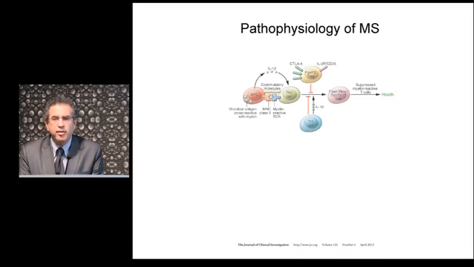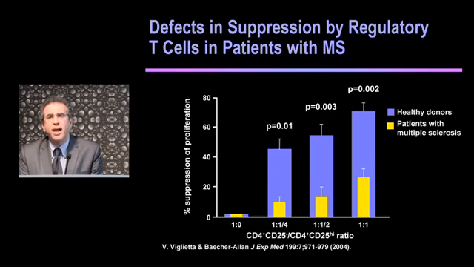In normal individuals, there are regulatory T cells and another type of regulatory T cell called the TR1 cell, which suppress these T cells from causing damage. Whereas in multiple sclerosis, there's lack of function of the Tregs and of the TR1 cells, allowing the activation of autoreactive T cells and autoimmune disease. This is very likely to be the fundamental pathophysiology of multiple sclerosis.